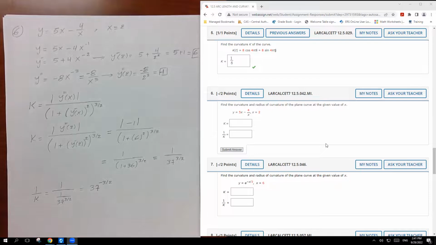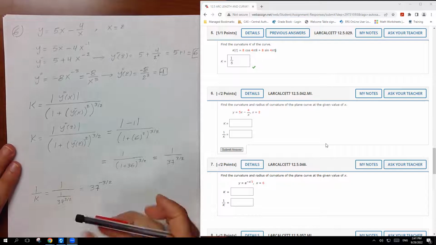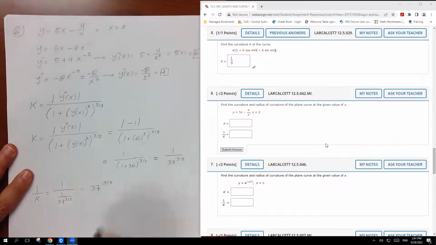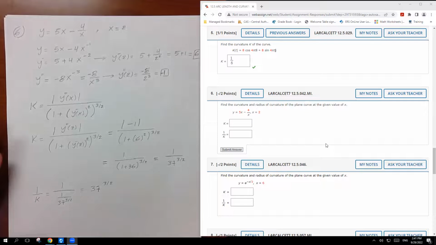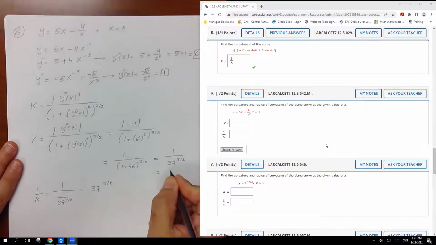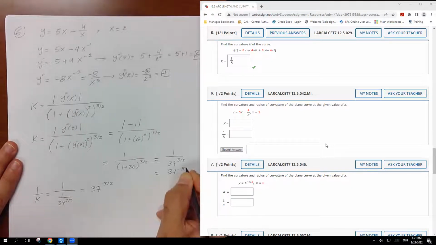So just the opposite one. You can write this one down as a negative exponent. So the curvature is going to be 37 to the negative 3 over 2.